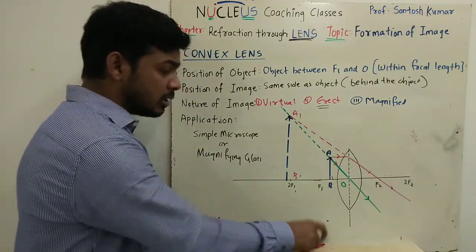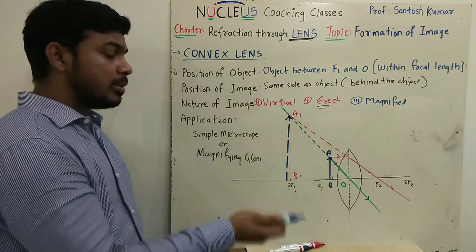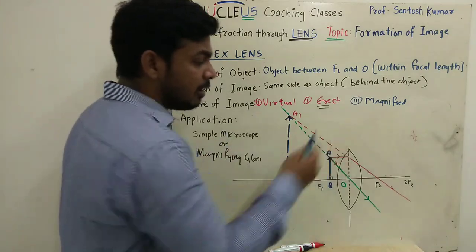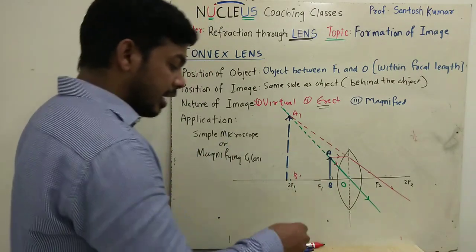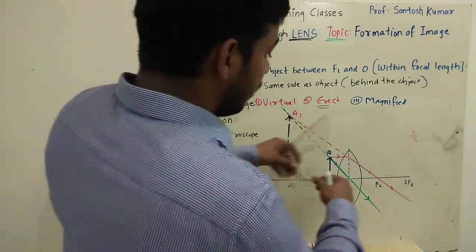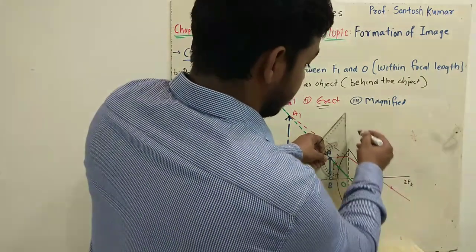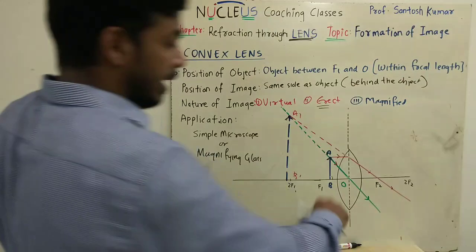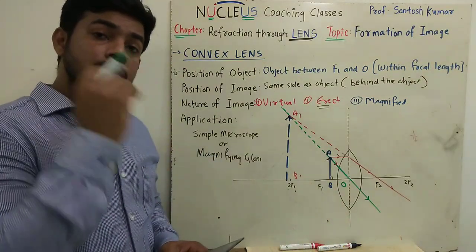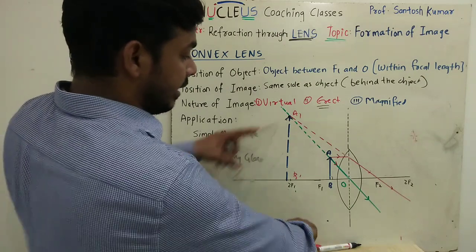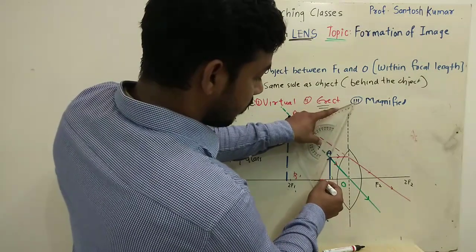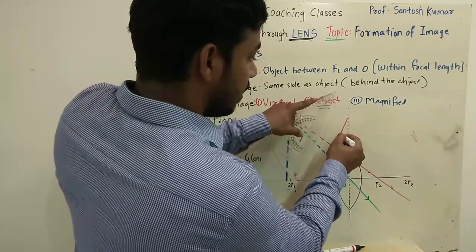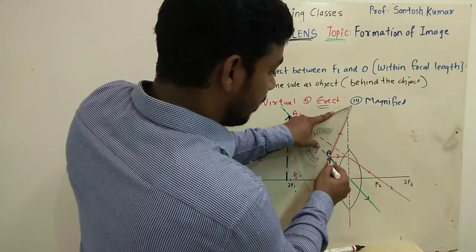Sometimes there is a special question where we have to form the image using the third ray. I have already used two rays, one traveling parallel, the other passing through the optical center. If I have to make use of the third ray, I'll extend this optic axis. Remember, this is imaginary. The third rule says that the ray should pass through F1. So I will take a ray passing through F1, originating from the object A, but assumed to be coming from F1.